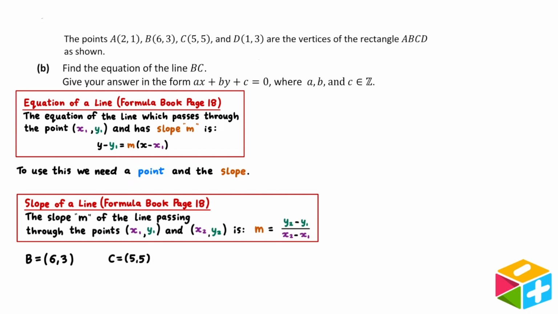We have already identified 2 points on our line, B and C. To use our slope formula, we should label the first point with x1, y1, and label the second point with x2, y2. From here, we can sub into our slope formula.